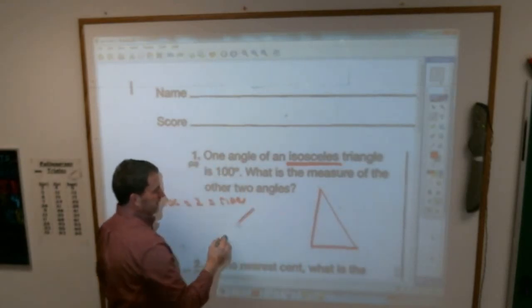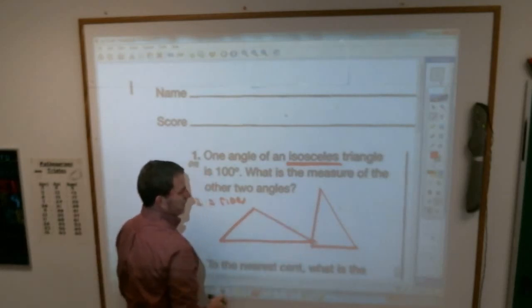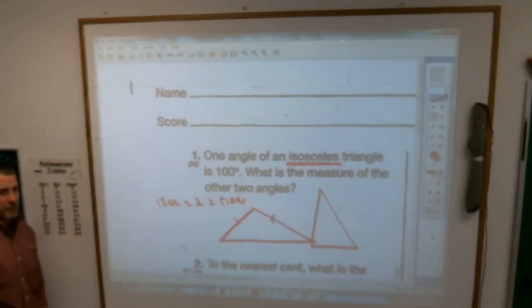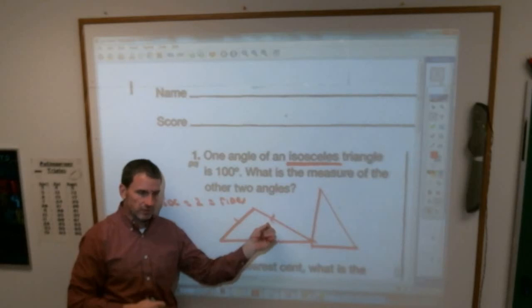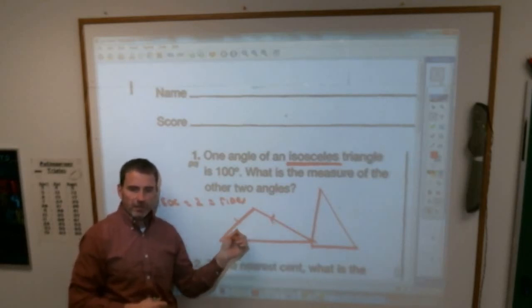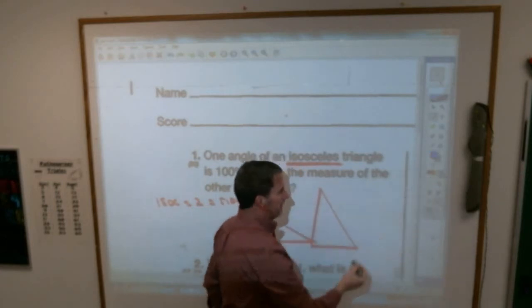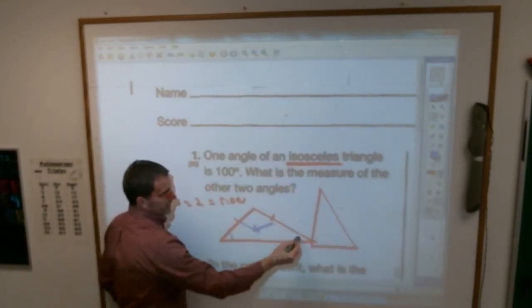Your isosceles triangle actually would look like this. It doesn't matter, but it has to have 2 equal sides. What do you know about isosceles triangles? You can't figure this out unless you know one very important fact. Besides the 2 sides being equal, what else do you know about isosceles triangles, Isabel? Yeah, the angles opposite those sides have to be equal.